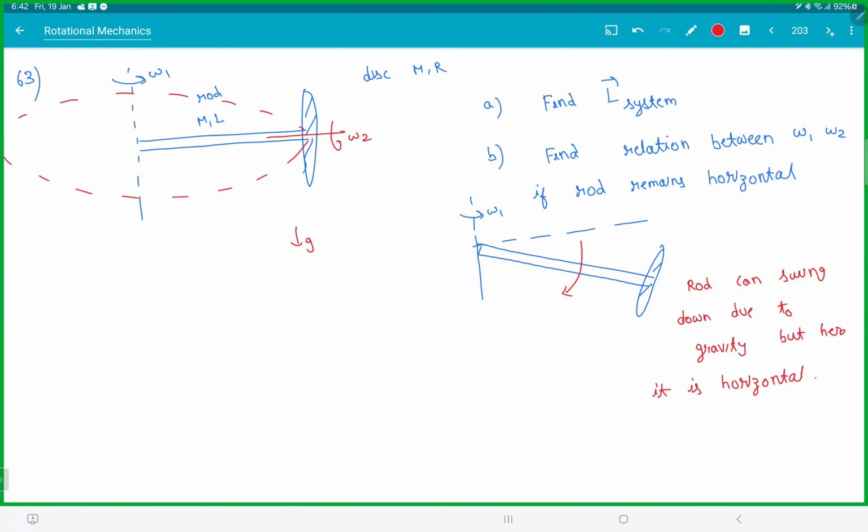Get the angular momentum, that's the easy part. We have done something similar in energy. This is a double rotation. You can't use translation plus rotation, the rolling body formula you can't use.